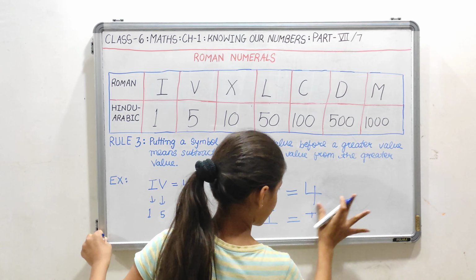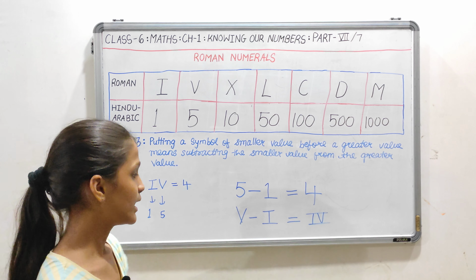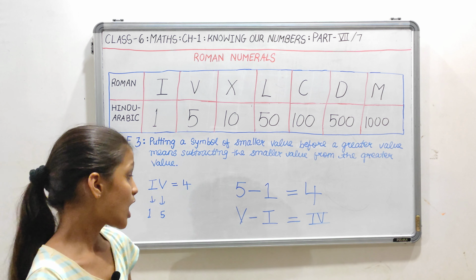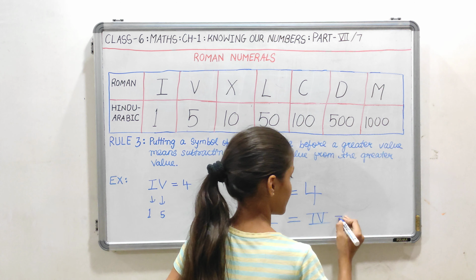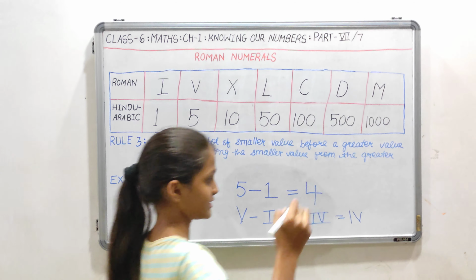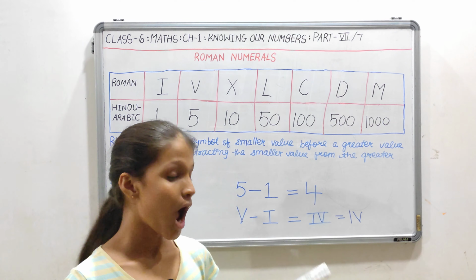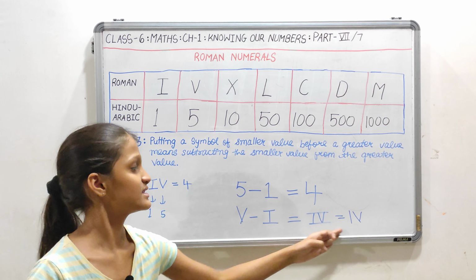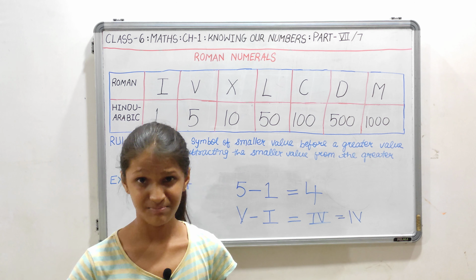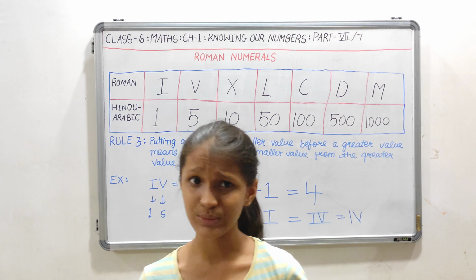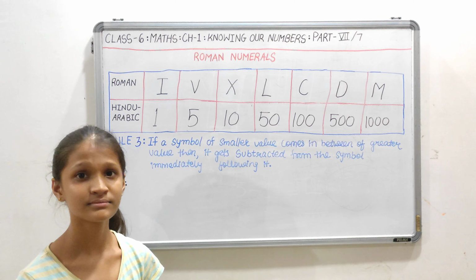We can also write this number in other ways. These three forms mean the same, that is 4, and the difference is only in the writing.